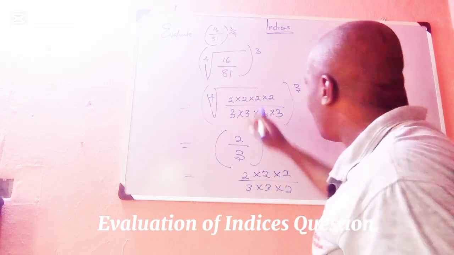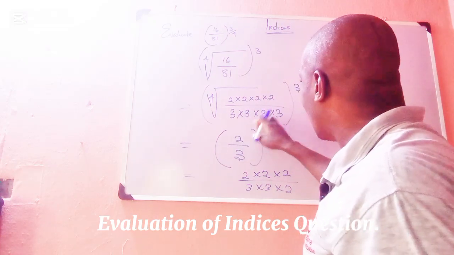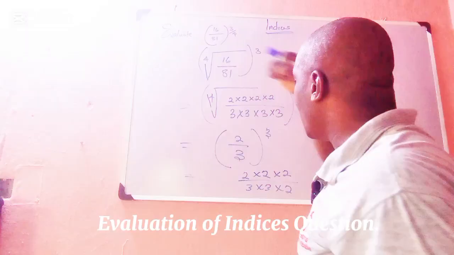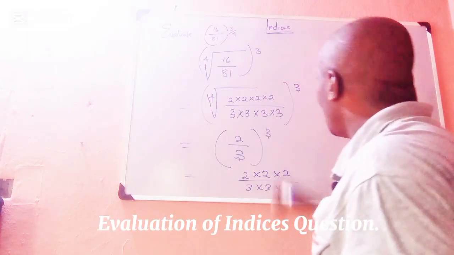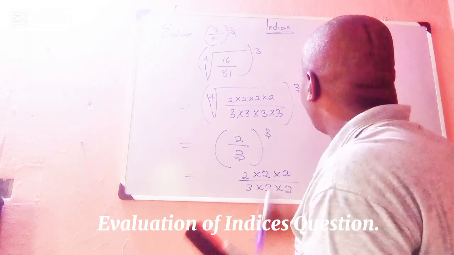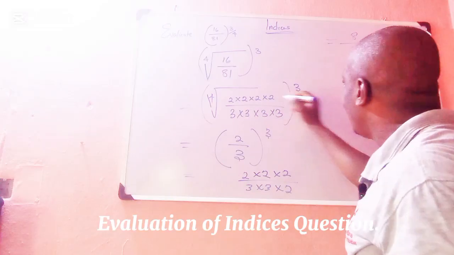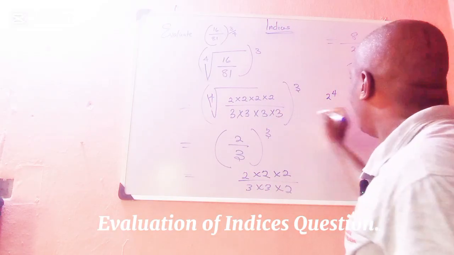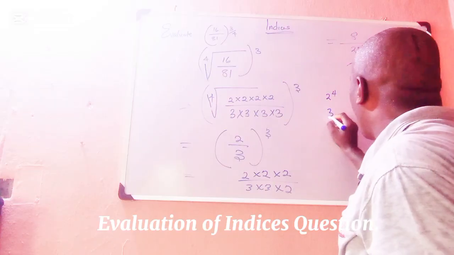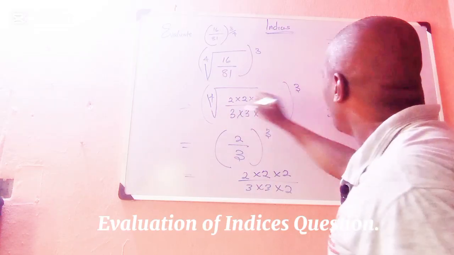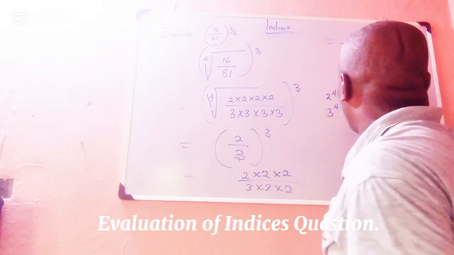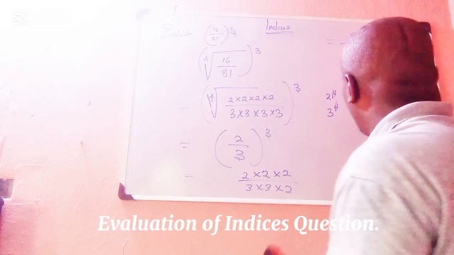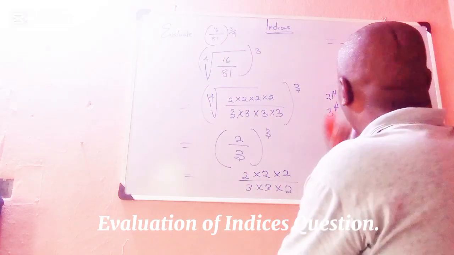For 81, we have 3 times 3 times 3 times 3, which gives us 81. Since this is represented as 2 raised to the power of 4 and 3 raised to the power of 4, the fourth root will cancel out the power of 4, remaining 2 over 3.